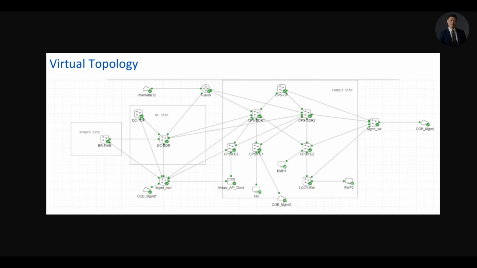Also, we have the DNAC, we have ISE, we have a server for AD, DHCP, DNS, and CA. We have a wireless controller, the WLC, which is a 9800-CL.